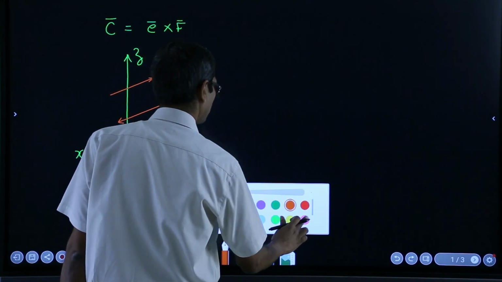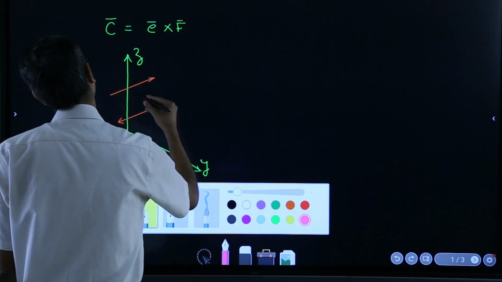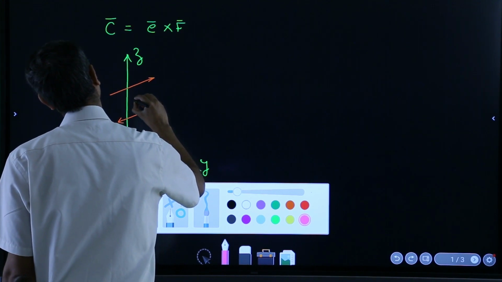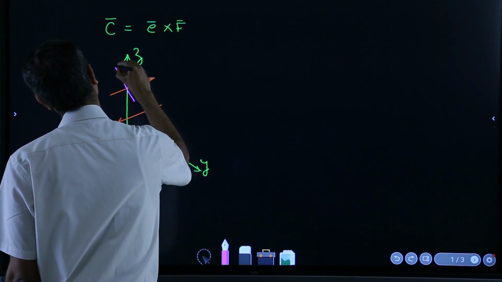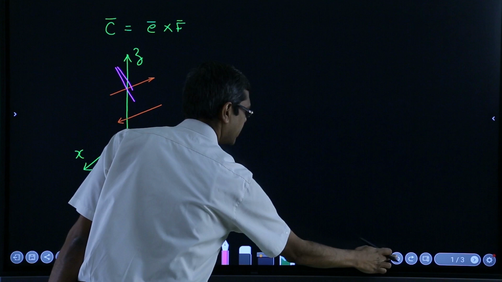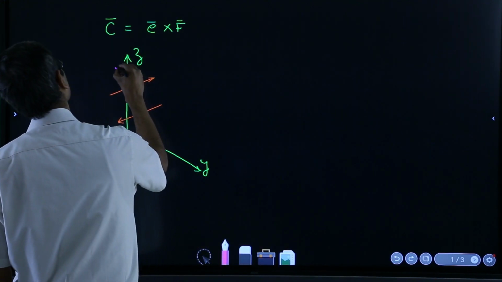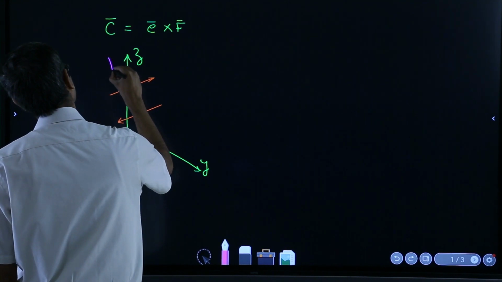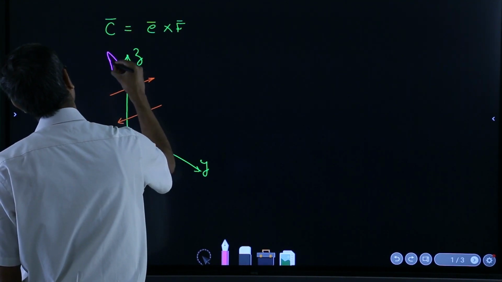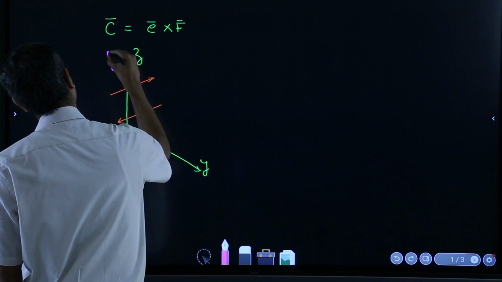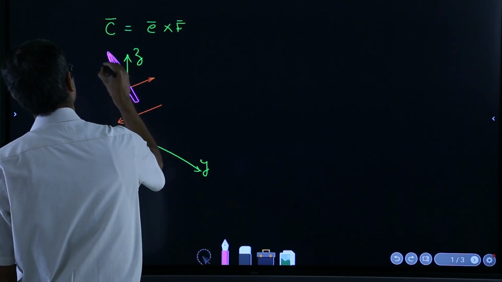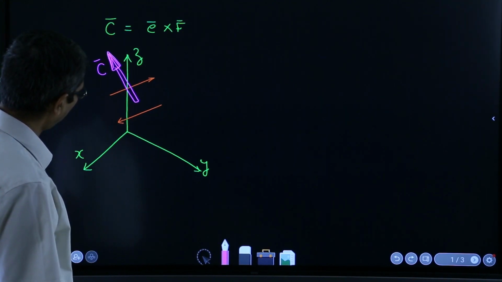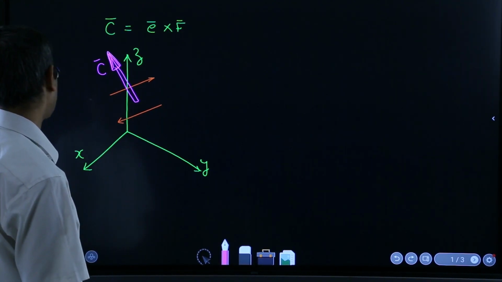Let me also draw this. Suppose this is the vector which we call C. I think the direction is wrong.